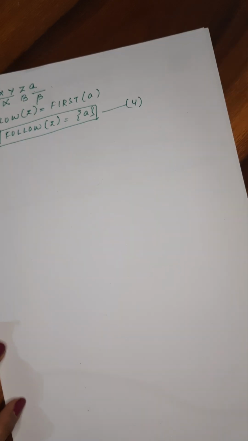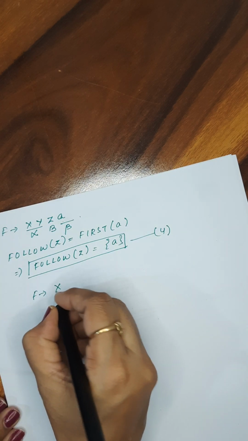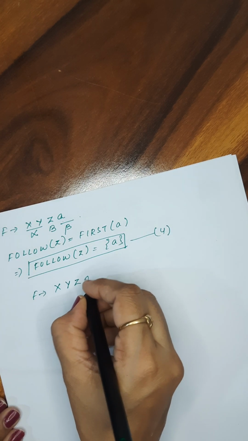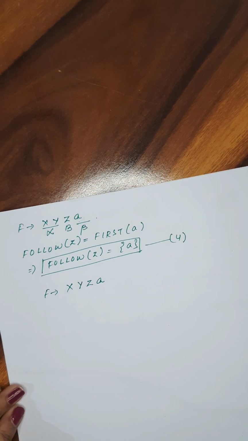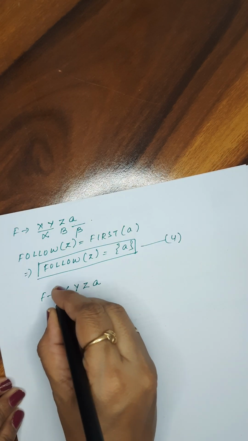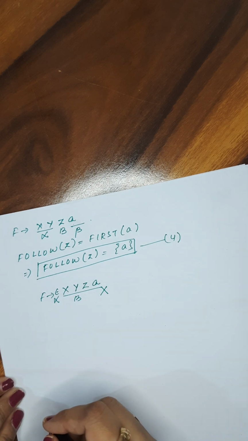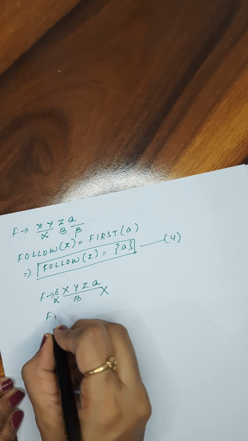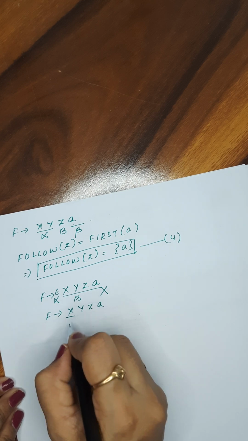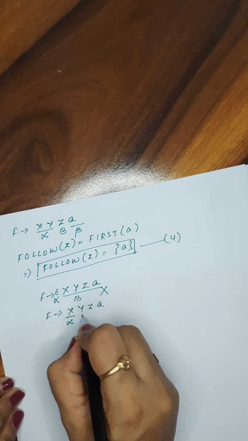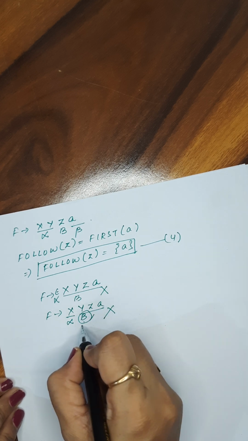Now, check whether alpha B form is possible or not. Now, see, if I take F tends to X, Y, Z, A. What is B? A single non-terminal. If I take this XYZ as alpha, then the whole cannot be B. So, not possible. If I take this as alpha, then the whole cannot be B, again wrong, because B has to be a single non-terminal.